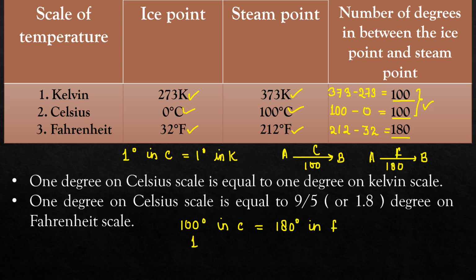Therefore, 1 degree in the Celsius scale will be equal to 180 upon 100 degrees in the Fahrenheit scale. After simplifying it, we get 1 degree Celsius is equal to 9 by 5 or 1.8 degrees Fahrenheit.